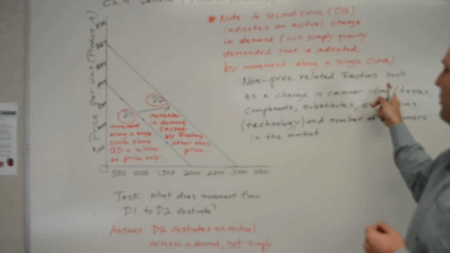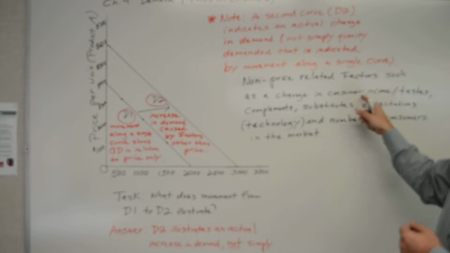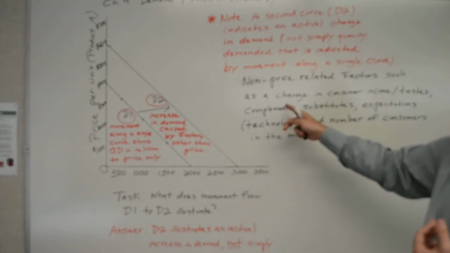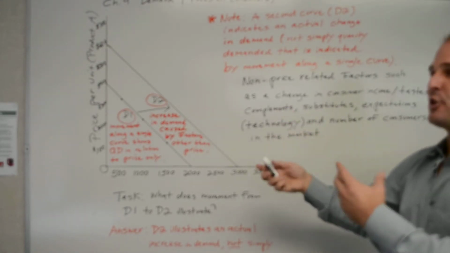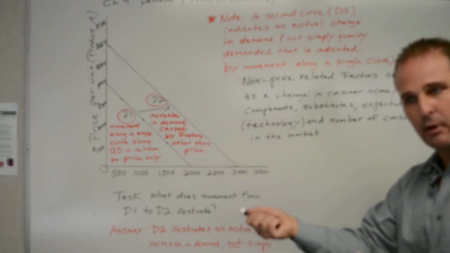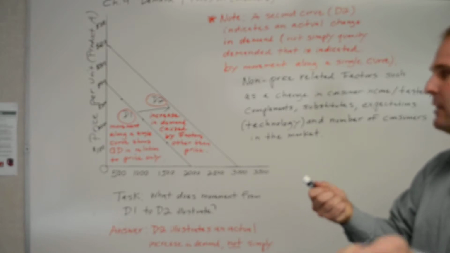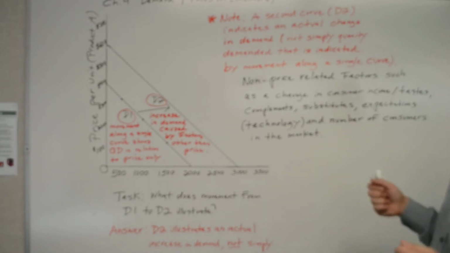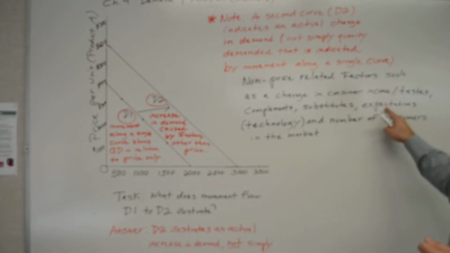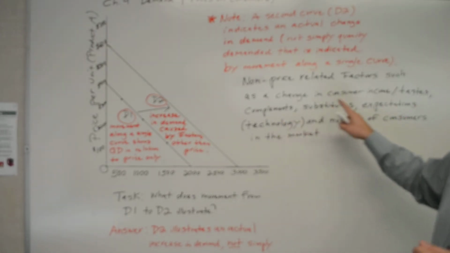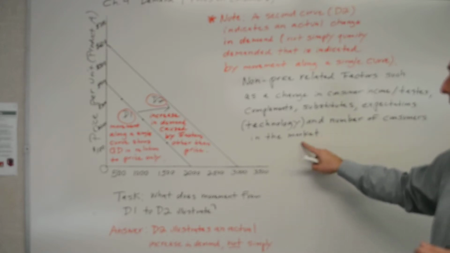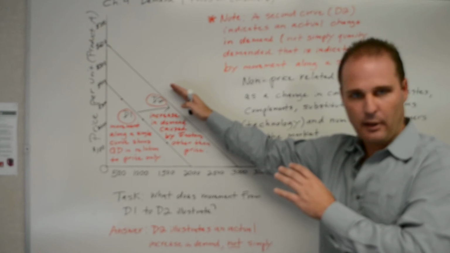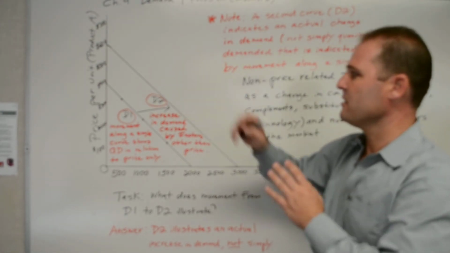Non-price related factors, such as changes in consumer income or taste, our preferences basically, complements, items that actually go hand in hand, so if we buy paper, pens, the purchase of pens will be affected by that, substitutes, which mean competitors, okay, for certain products, expectations about technological changes, and number of consumers in the market. All of these factors are going to be illustrated by a secondary curve that will be existent in our graph.